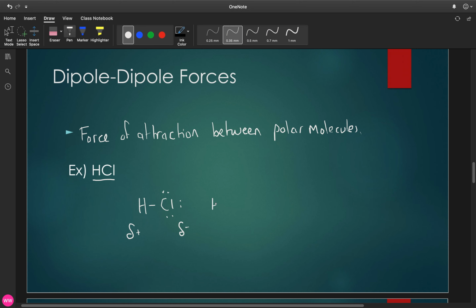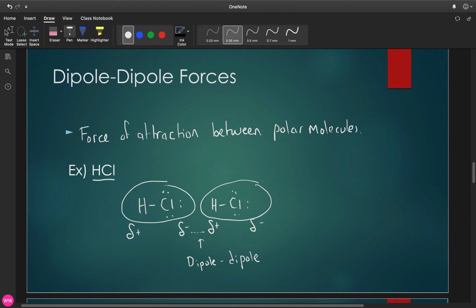What this means is that if I were to bring another HCl molecule, which of course a sample of HCl has billions of, it will orient itself such that the hydrogen is near the chlorine, and that's because opposite charges attract. The force of attraction is called an intermolecular force, but this specific intermolecular force, remember, is a dipole-dipole force. So this intermolecular force, which attracts this entire molecule to this entire molecule, is called a dipole-dipole force.